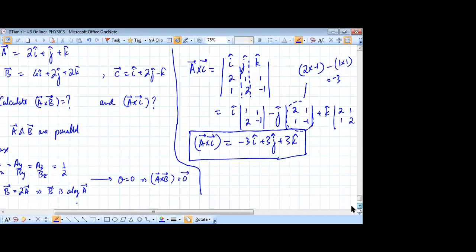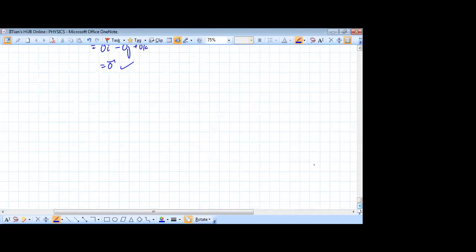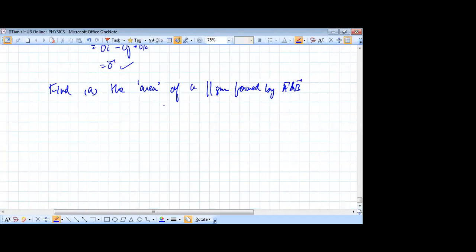So now, for example, in the same question, if I'd also asked you, find the area of a parallelogram formed by A and B. The answer to this would be 0. Okay, because A is parallel to B, so it can't form a parallelogram.